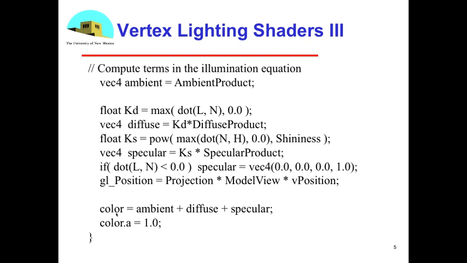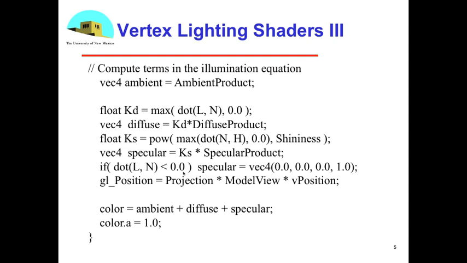And I get the color by adding together those three components that I computed up here and making the fourth component be 1. See, the problem here is that if these three components have values of 1 for the A value, this is going to add them all up and put something not 1 over here. So I'll just set that equal to 1. Anyhow, this is a very basic modified Phong lighting model applied in the vertex shader.